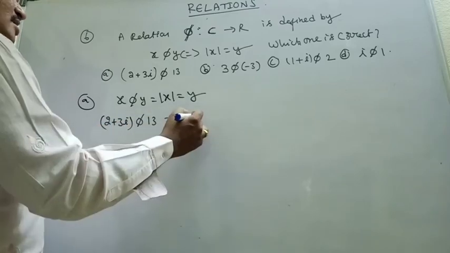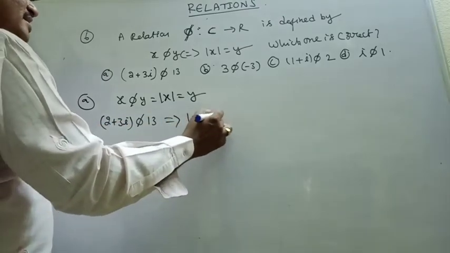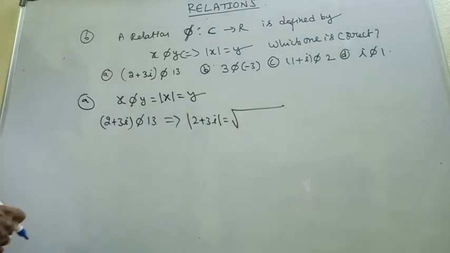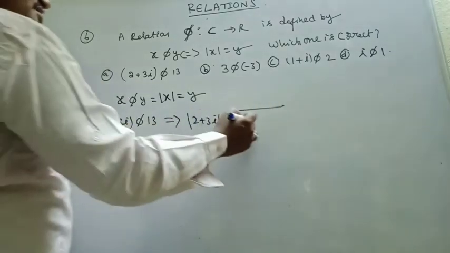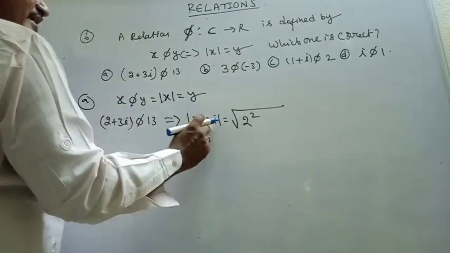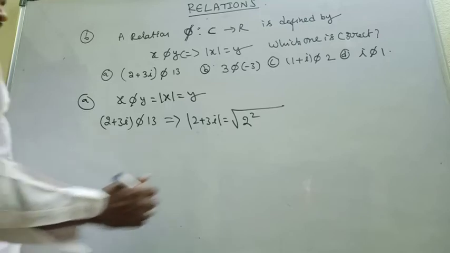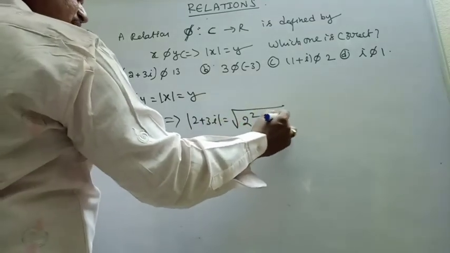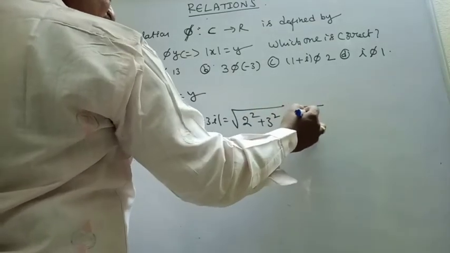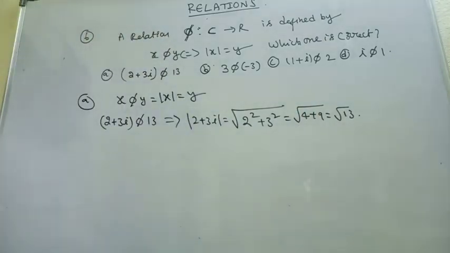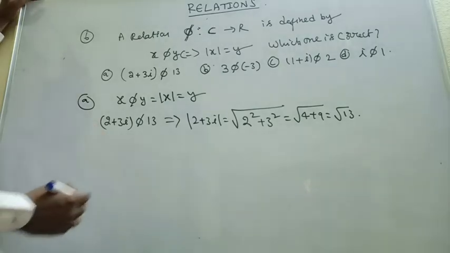The modulus of a complex number is given by this formula: modulus of a plus ib equals square root of a square plus b square. That is square root of 4 plus 9, that equals root 13.